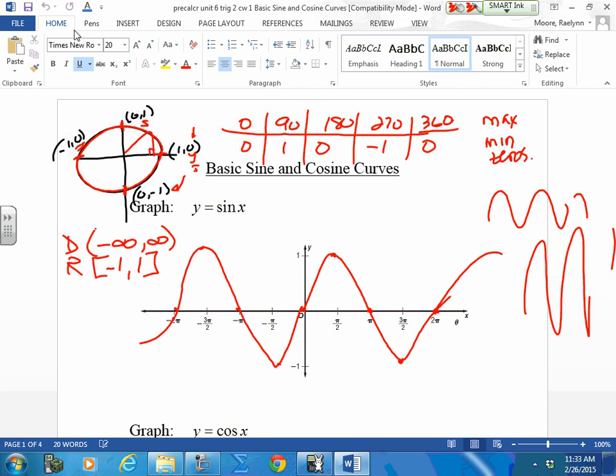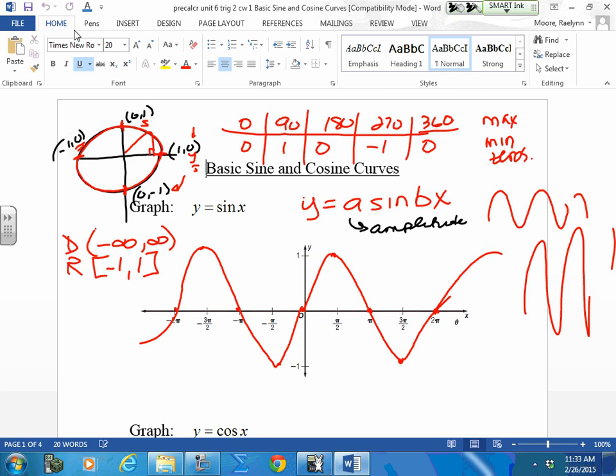Now, your basic format for your equation is this. Basic, without adding any transformations up and down or without any phase shifts in here. Where A is your amplitude. Now, what your amplitude does is this.